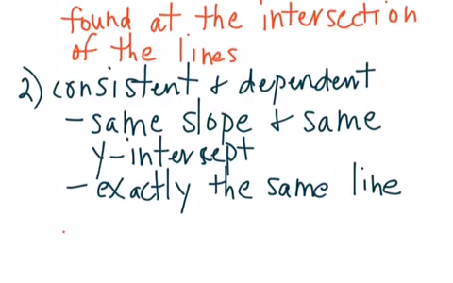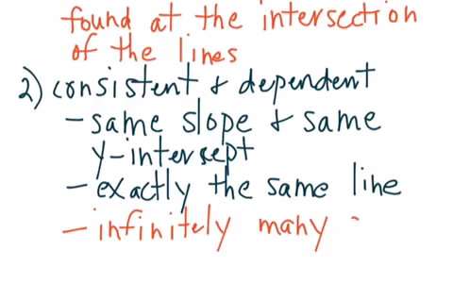The answer to a consistent and dependent system is infinitely many solutions, because you can put any combination of points you want to in that type of system and it will always work.